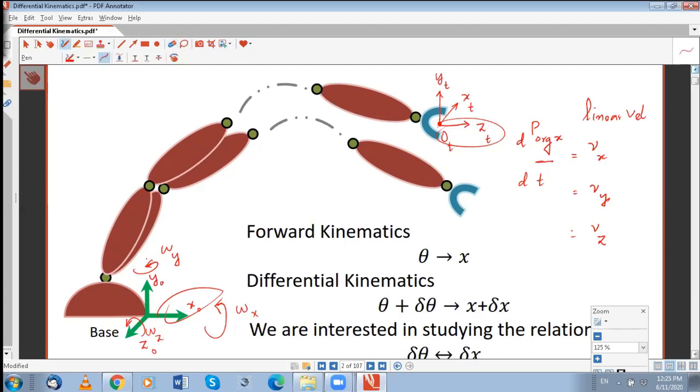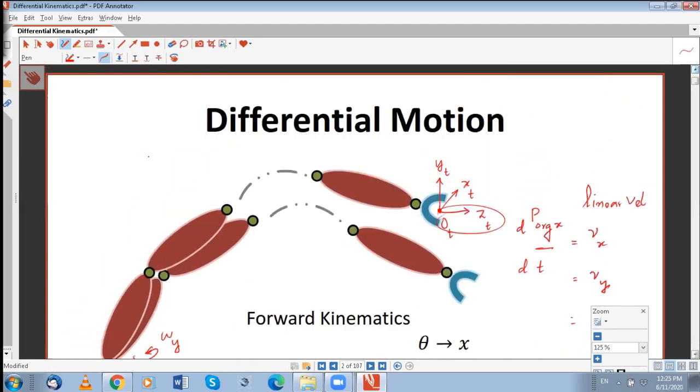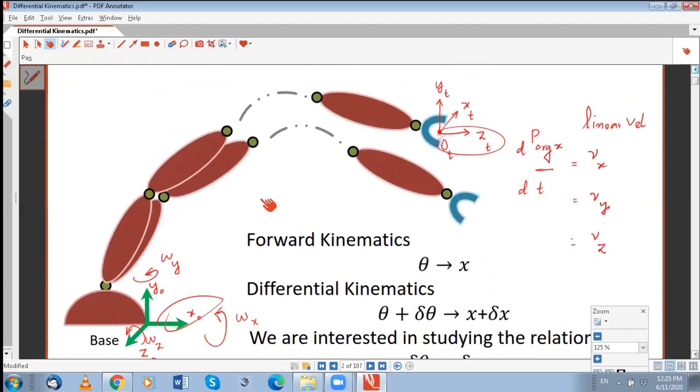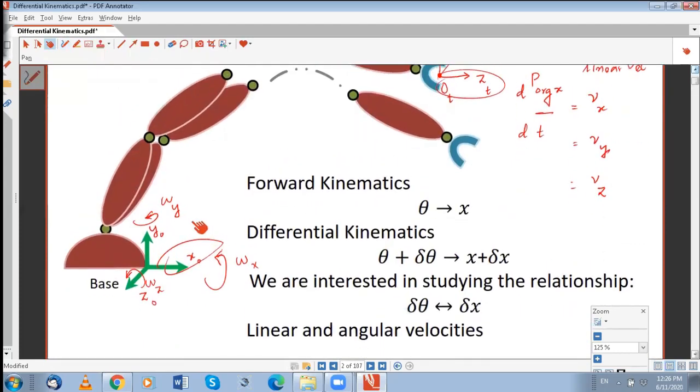Every time there is a change in orientation, the tool frame will no more look like this. X, y, and z will change their direction. So these are three angular velocities.